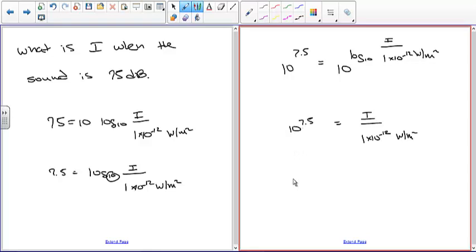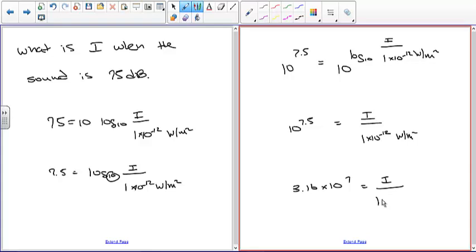which is, well, what is that? 10 to the 7.5 power is equal to 3.16 times 10 to the 7th.